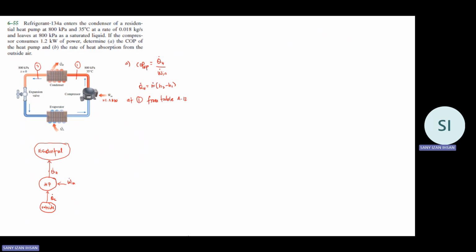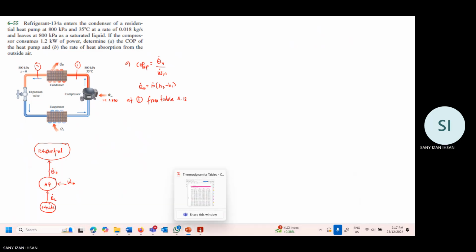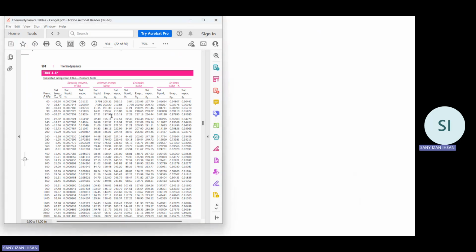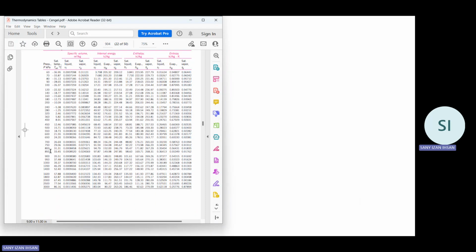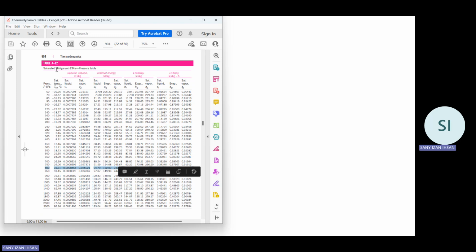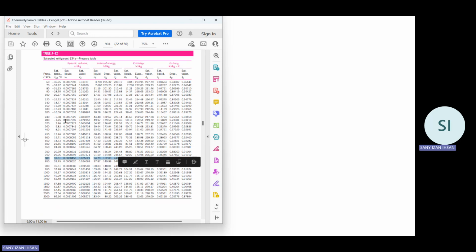If you refer to the table, the pressure is 800 kilopascal. You can see that 800 kilopascal is here, in A-12, saturated refrigerant. At 800 kilopascal, the saturation temperature is 31.31.